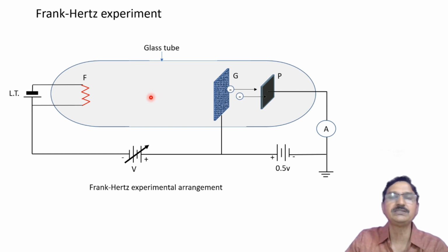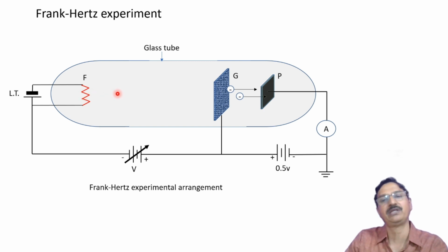That energy is sufficient to knock out the electrons from the mercury atom, and therefore these electrons lose totally their kinetic energy, and therefore they cannot reach this plate P. As they have utilized their energy to knock the electron from this mercury atom, they cannot reach.